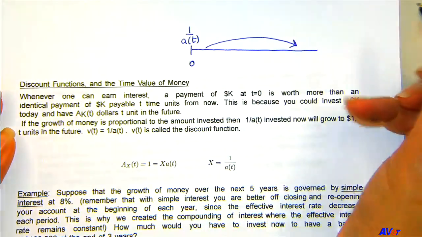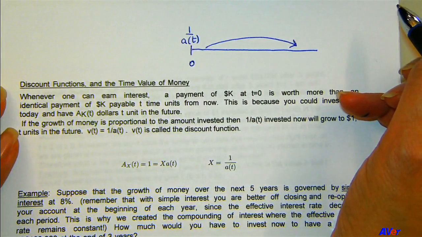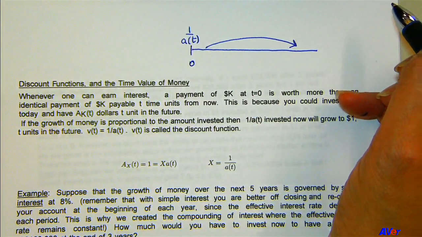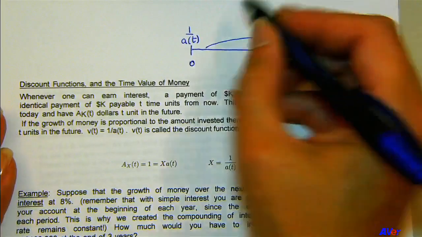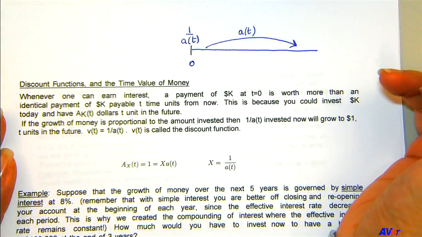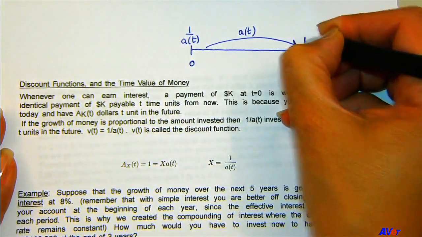A of T is your accumulation function, which grows $1 to A of T at time T. So if I put in 1 over A of T now, when I apply this accumulation function A of T to it, at time T, I would end up with $1.